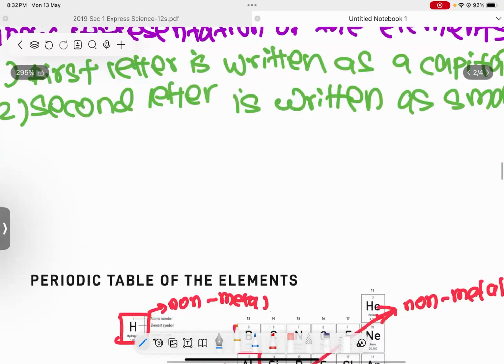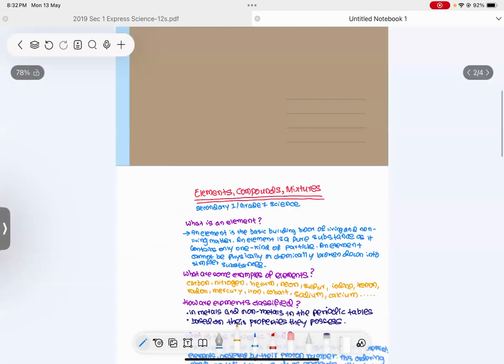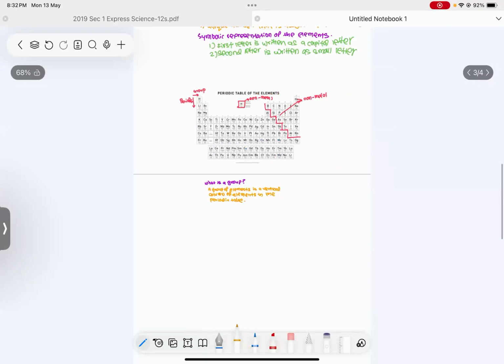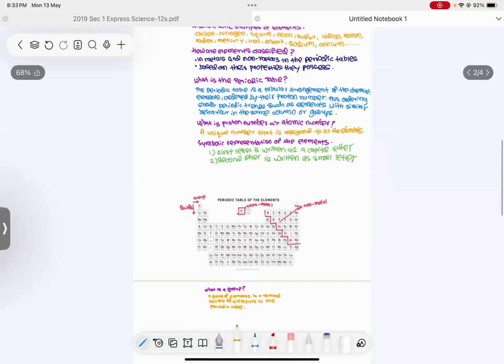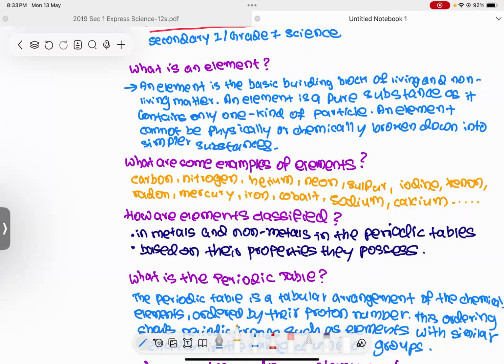So before I move on to periods, friends, I want to bring you guys back to elements. You guys might be asking me, what does an element look like? An element looks simply just like this. And if it's boron, it's just going to be a B here. That is an element. An element is just circular with a B. Okay? So that's how an element looks.